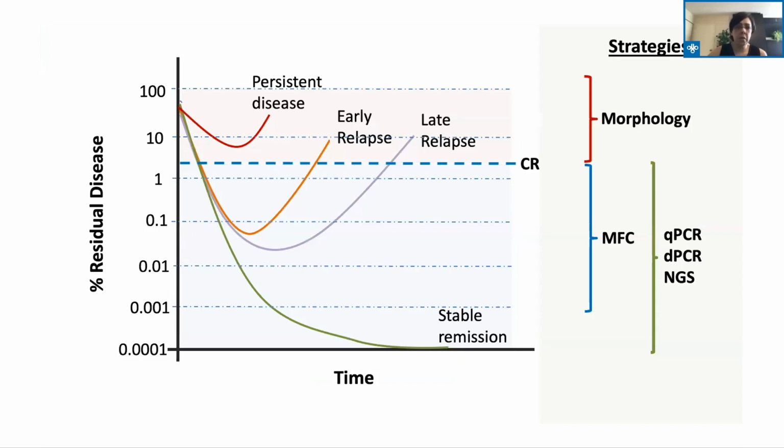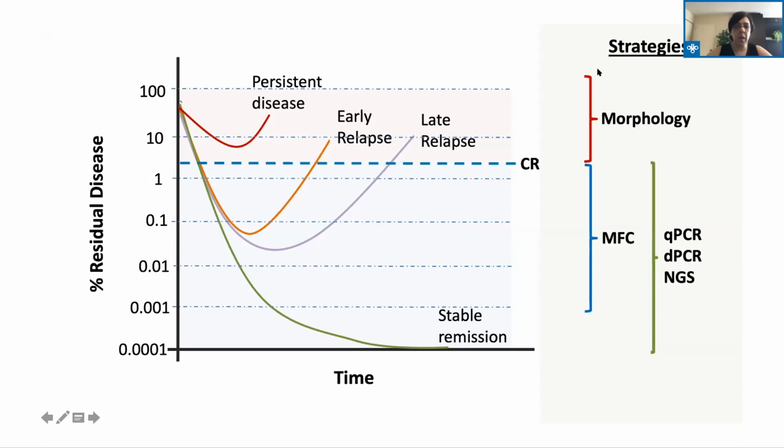It is important to mention that for residual disease measurement, the amount of information that you can get for your own patient and the risk that they have of relapse fully depends on how deep you're able to do this monitoring. So, for example, if you're only doing this by morphology, there are, as I said, several strategies for doing this.